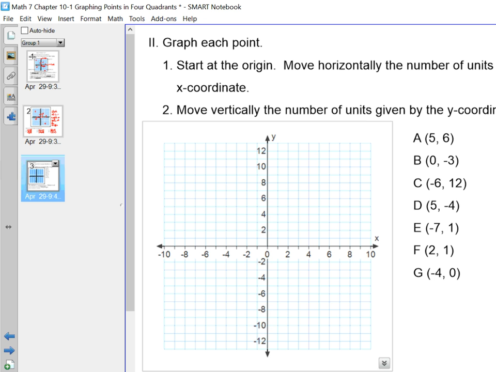Starting at the origin, I will go to my right 5, and then I'll be going up 6. And that will be A. Let's look at B. I would start at the origin and go down 3 to be at 0, negative 3.